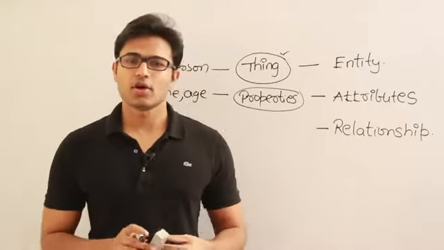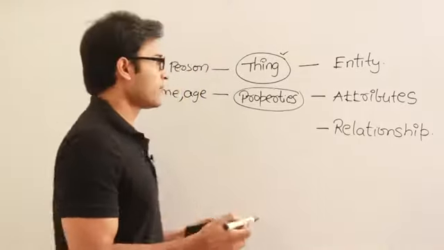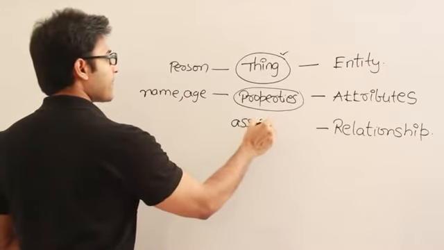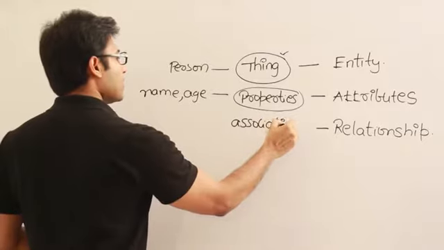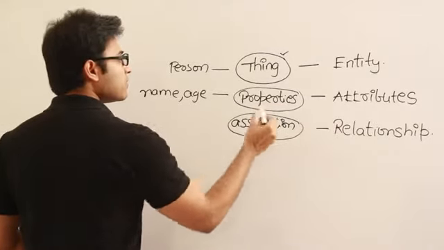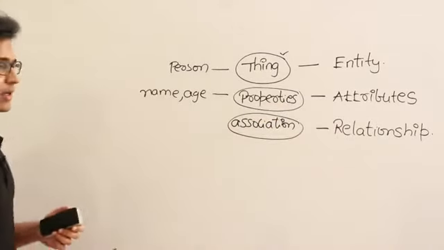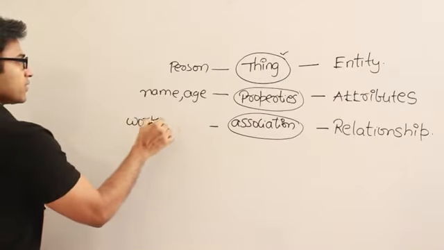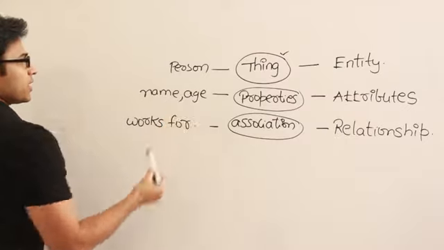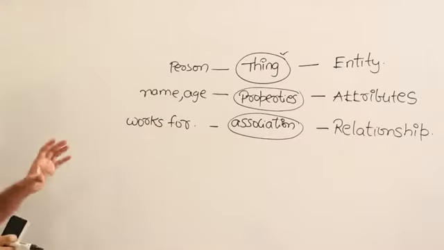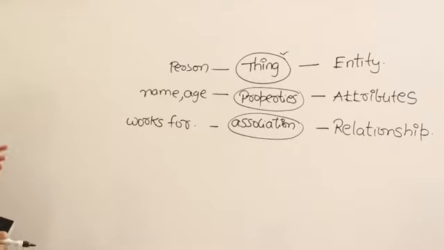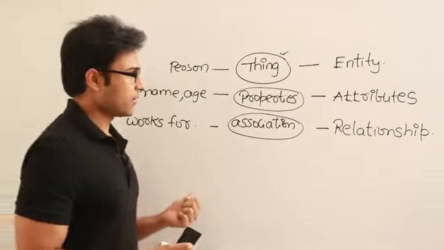Relationship is nothing but the association among these entities. For example, what is the association between employee and department? Works for. So works for is a relationship, got it? So we have all these three things which have to be discussed in detail in the case of ER diagrams, okay.